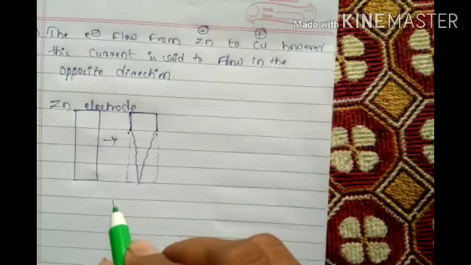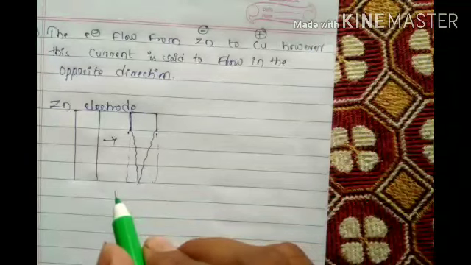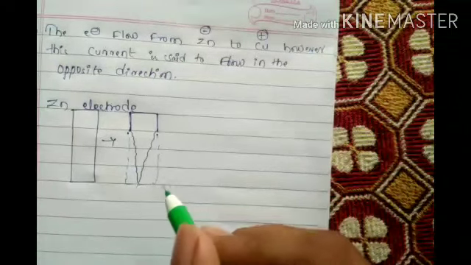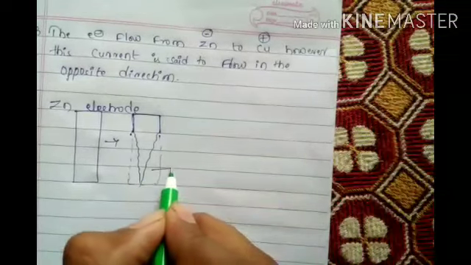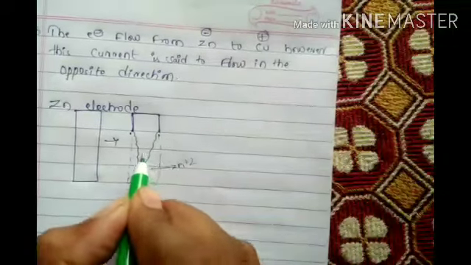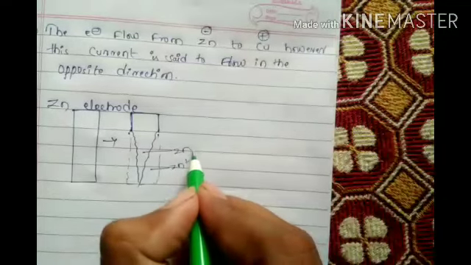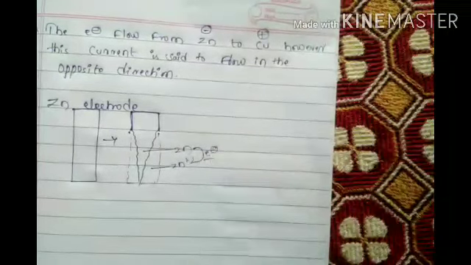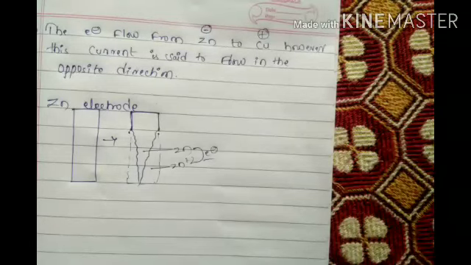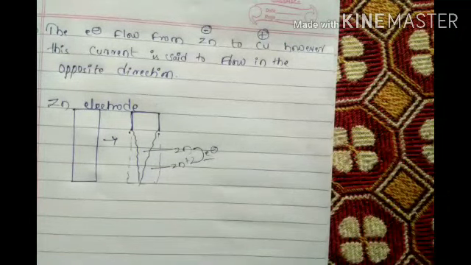Zinc dissolves fully; it is donating electrons and becomes Zn+2 ion. This is Zn, zinc+2, meaning this one is losing electrons. Got it? This is the function of the electrochemical cell.